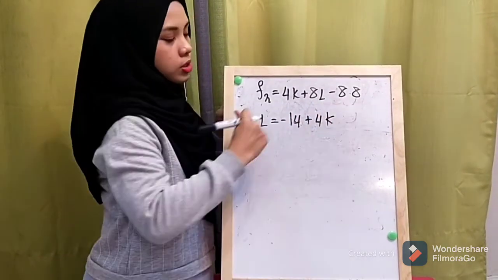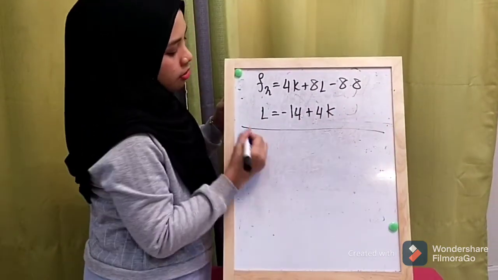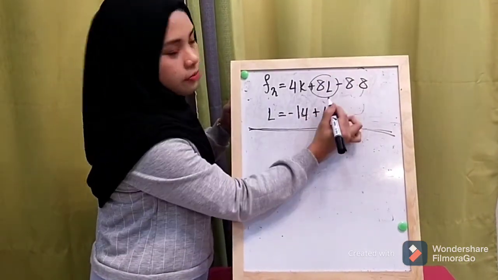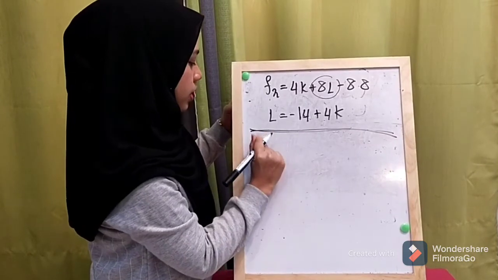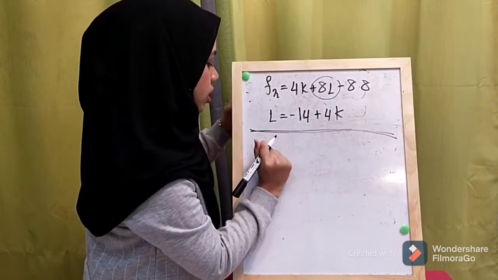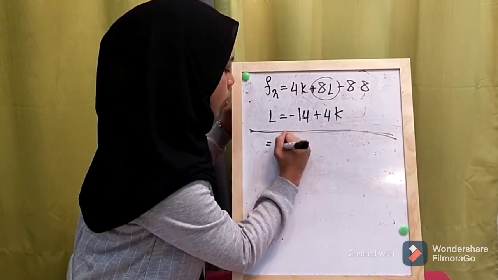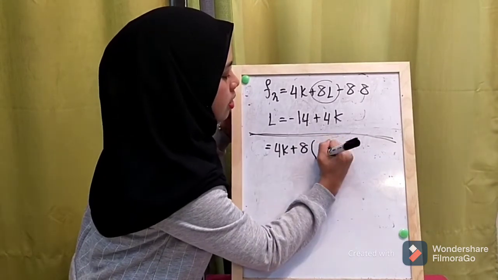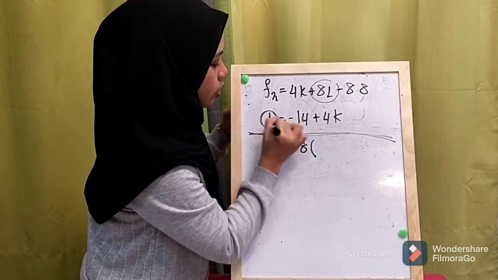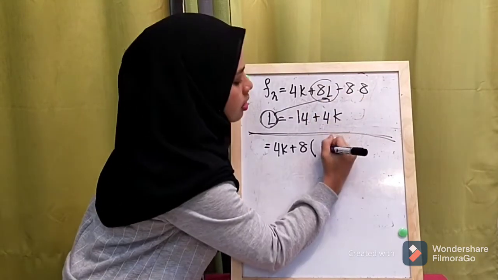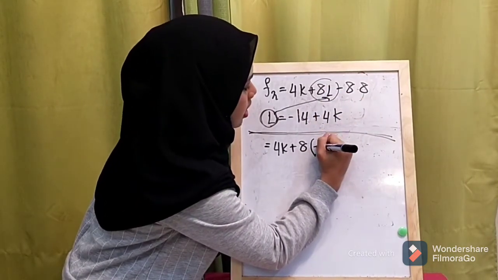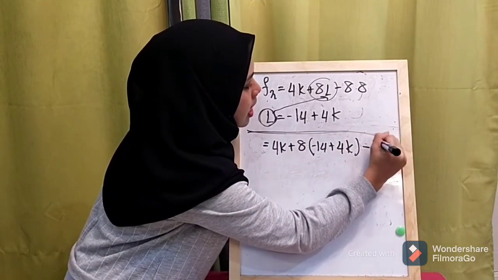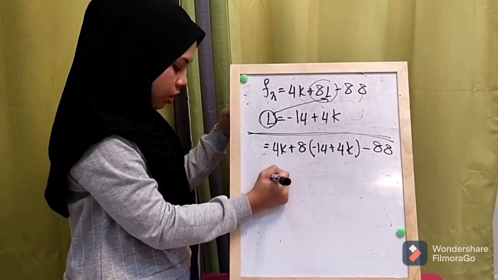What I'm going to do with these two equations is substitute the L value into this equation, so from that we can know the value of K. For K, I replace the L in this equation with the equation of L: negative 14 plus 4K minus 88. So we will solve it.